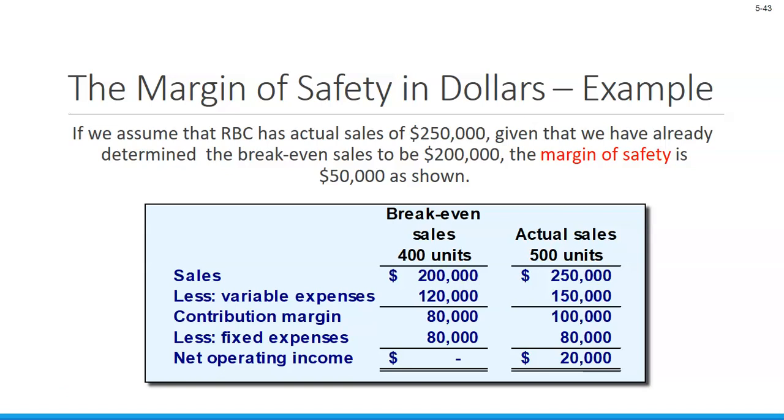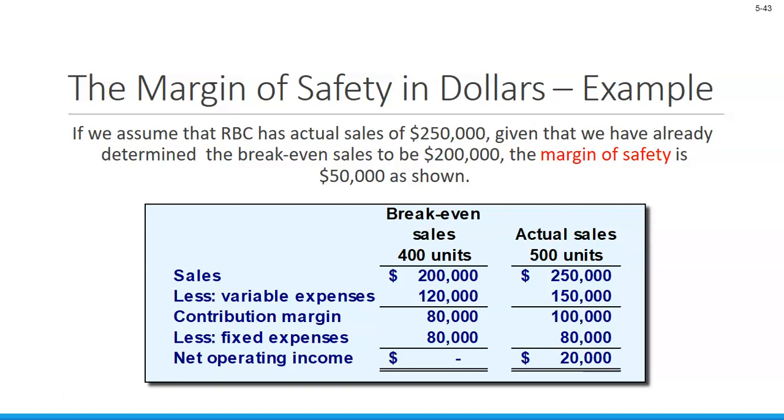So that's not saying that we have 50,000 in net operating income. It's saying that we have 50,000 in sales dollars between a positive operating income and a negative operating income right now.